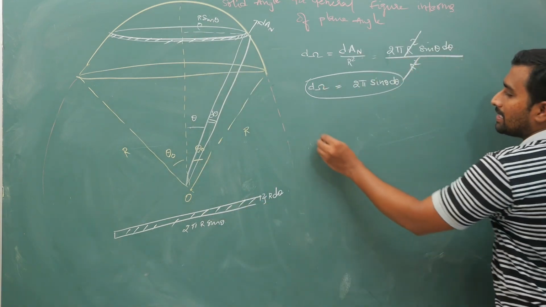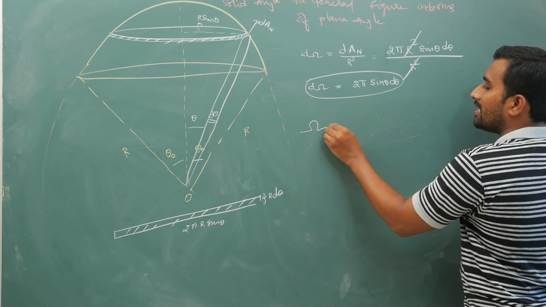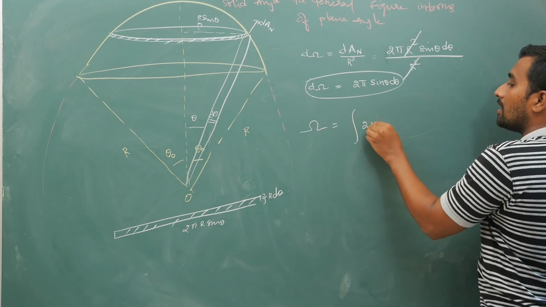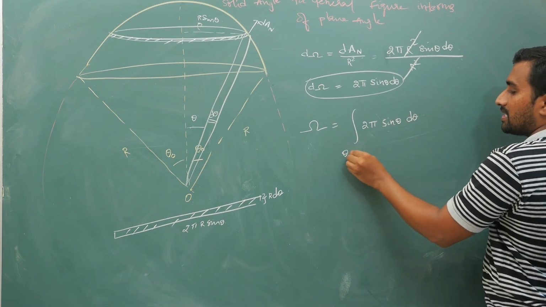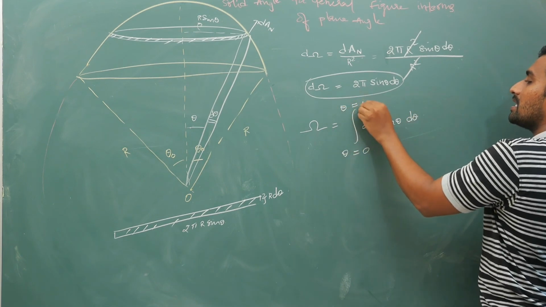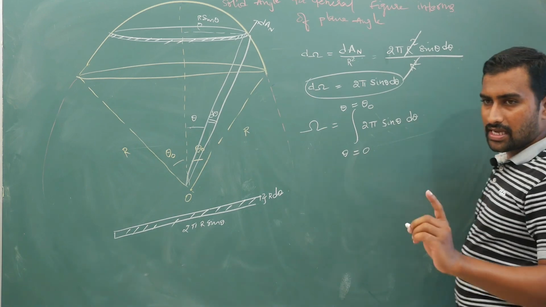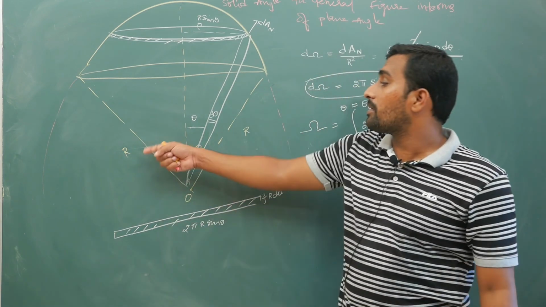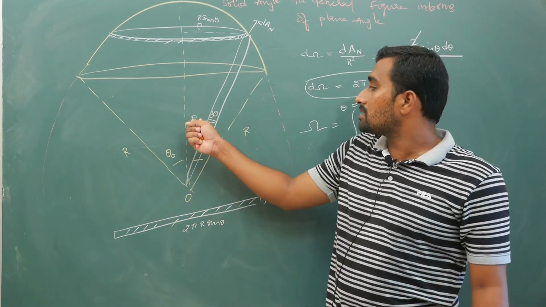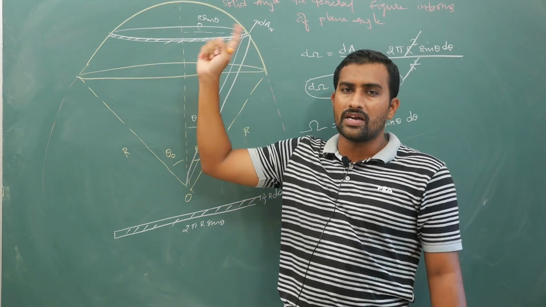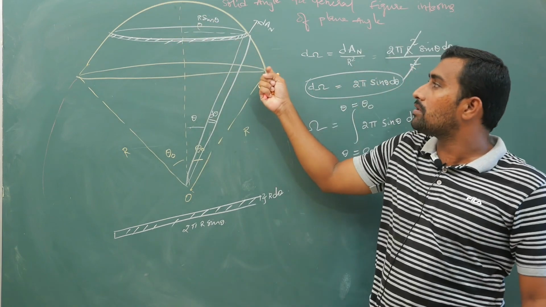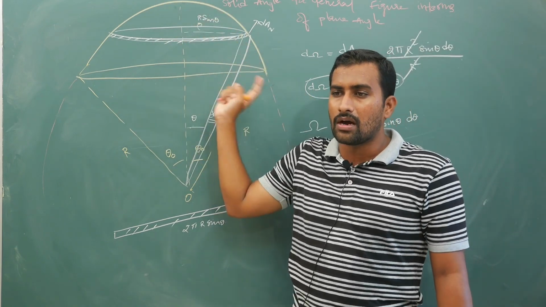So total solid angle is integral of 2 pi sin theta d theta, where theta is varying from 0 to theta naught. Once again I am telling you, limits are not from minus theta naught to theta naught, because if theta is 0, strip is at the top, your peel off layer is at the top. If theta is equal to theta naught, peel comes to bottom, full object is covered.